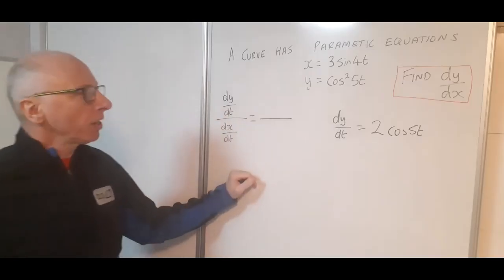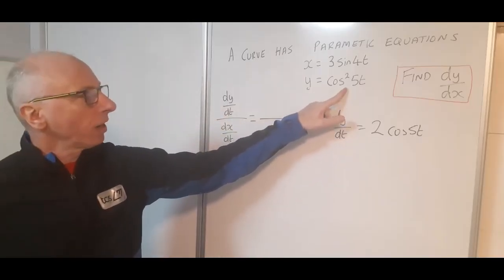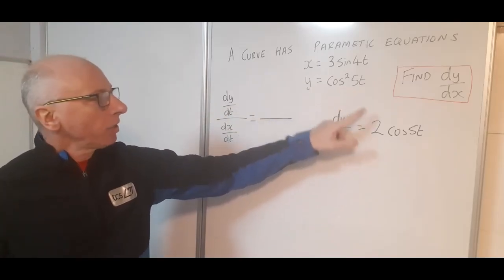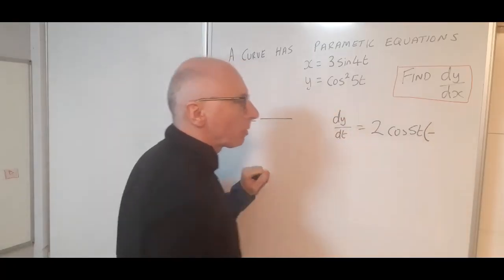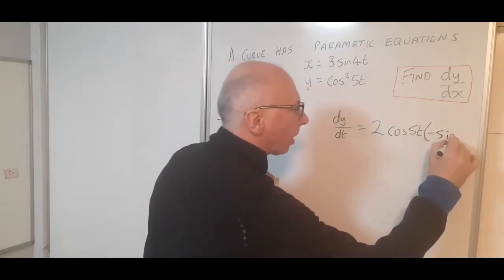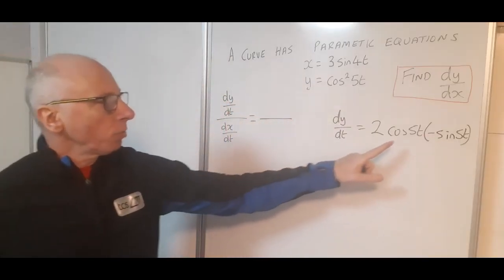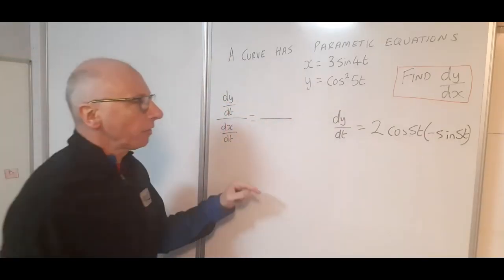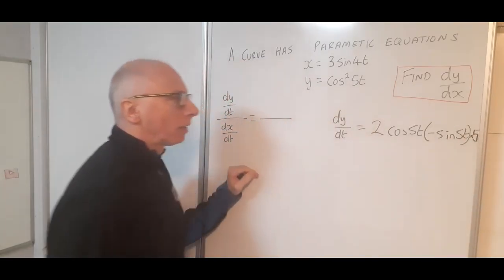And then by the chain rule, we need to multiply this by the derivative of cosine 5t. Now the derivative of this is negative sine. Remember it's multiplied, so we just put this in a bracket, times minus sine 5t. And then by the chain rule, we also need to multiply by 5.